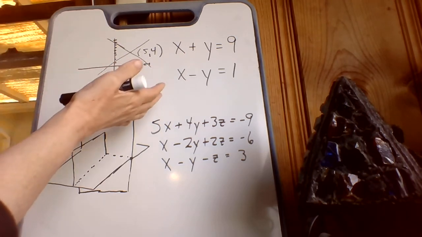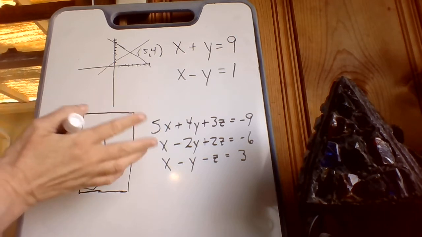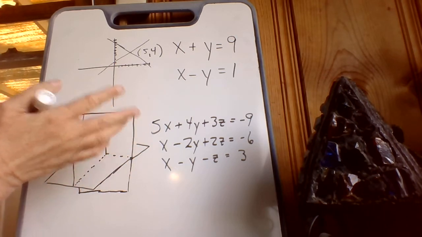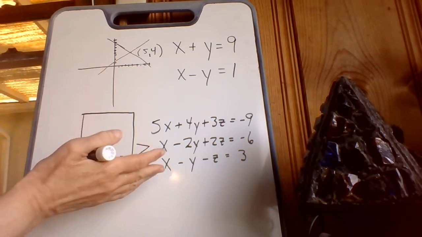And then finally you would answer, oh, those two lines meet at the point 5, 4. So that's what you've done before, and it was a pain because they didn't tell you there's an easy way to do it on the calculator and not have to manipulate all the numbers all over the place.